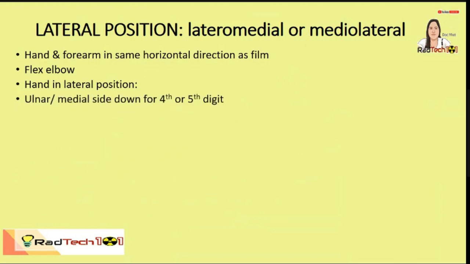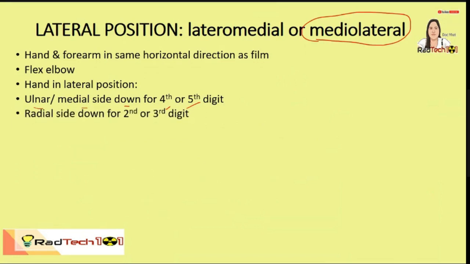For fourth or fifth digit, so kung ang ating i-expose is either fourth or fifth digit, or your ring or little finger, the ulnar side or the medial side is near the table. So, we follow the medyo lateral position.